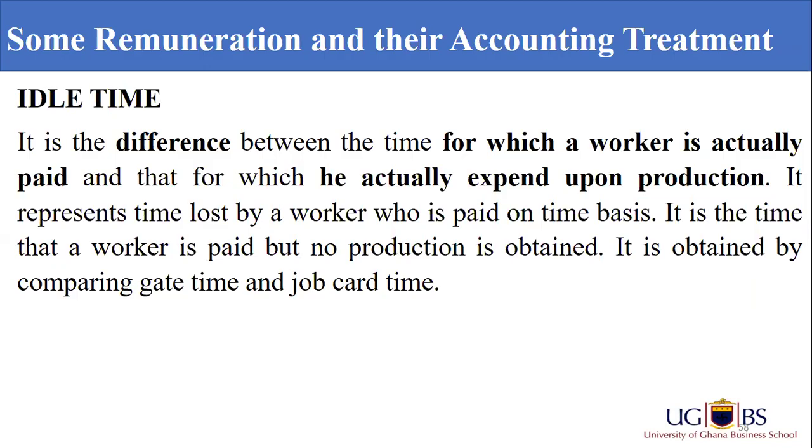For example, if you are working as a shop attendant and you've gone to buy food and a customer came around, the time lost when you went to buy food is the idle time. And let's say you are a prepaid vendor where you normally use electricity to do your business, and now there's a power outage. You are just there, people will come and you will not be able to serve them. It's an idle time. It's obtained by comparing gate time and job card time.